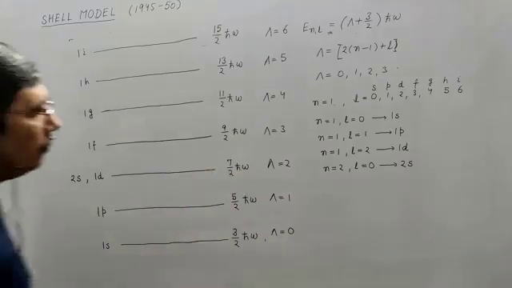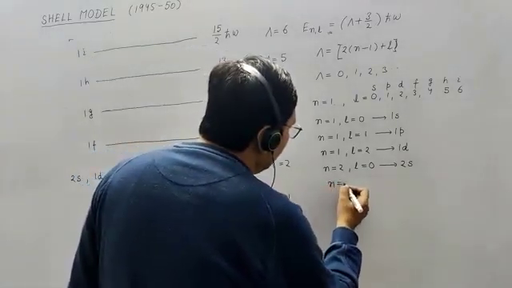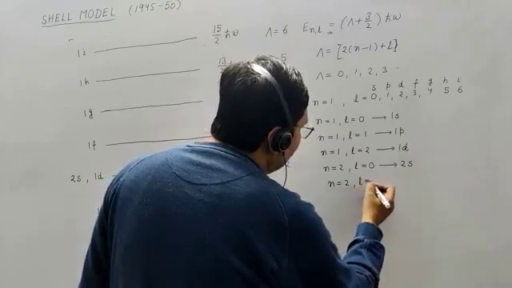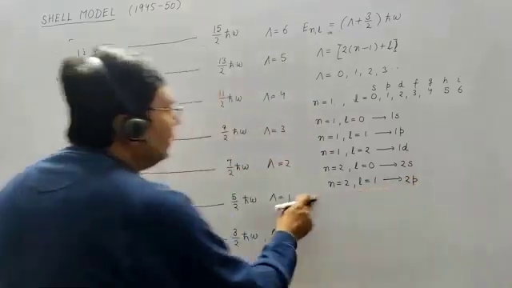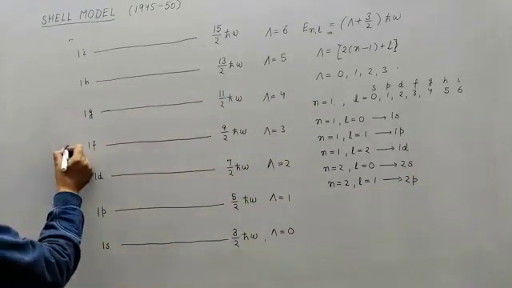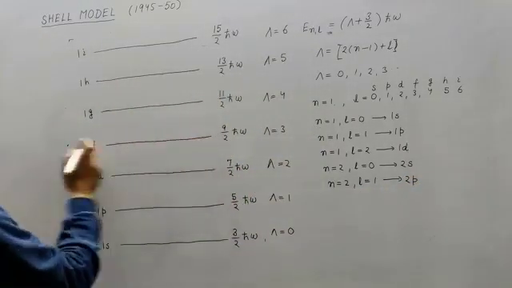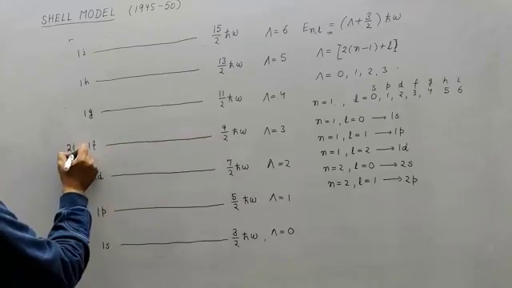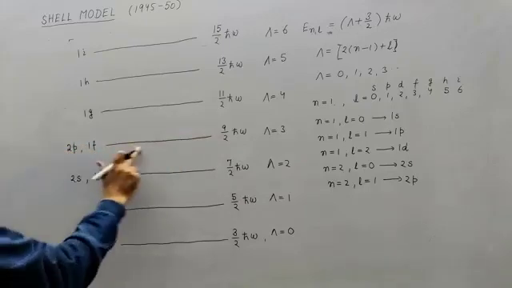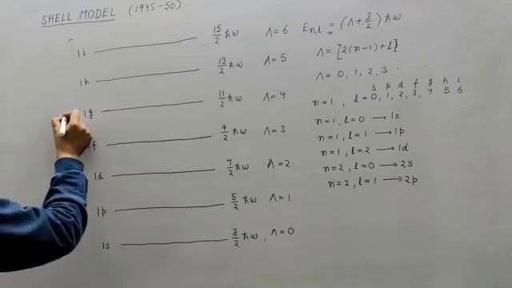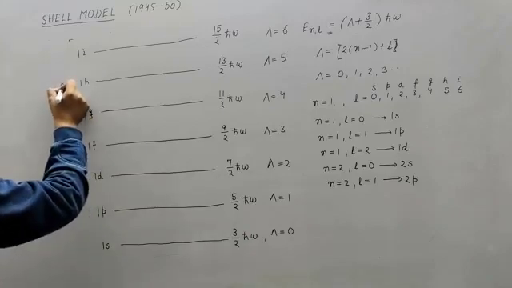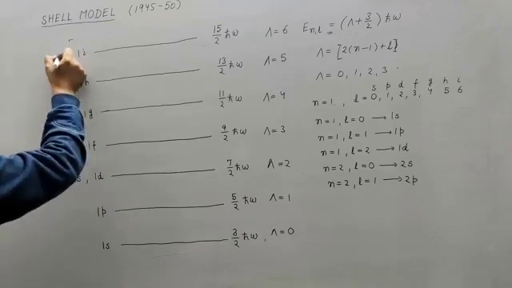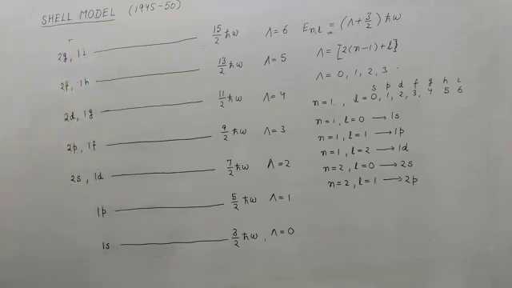If you find out for n equal to 2, L equal to 1, this corresponds to 2p, and the energy will be 9 by 2 h cross omega. Similarly 2d, 2f, 2g, like this. This type of energy level is obtained.